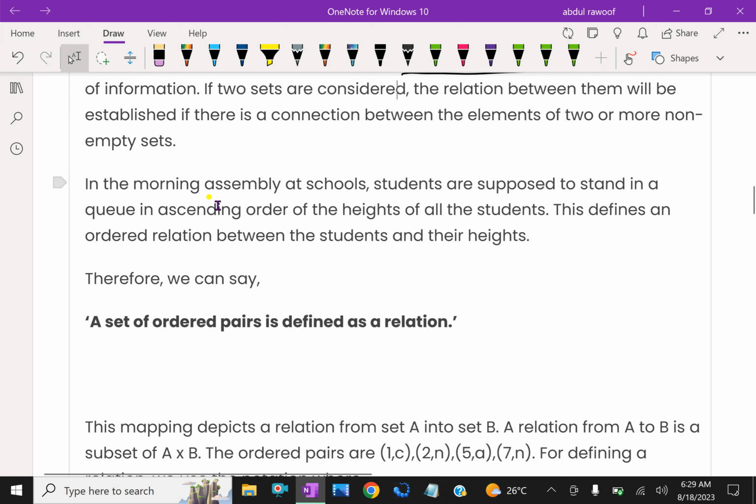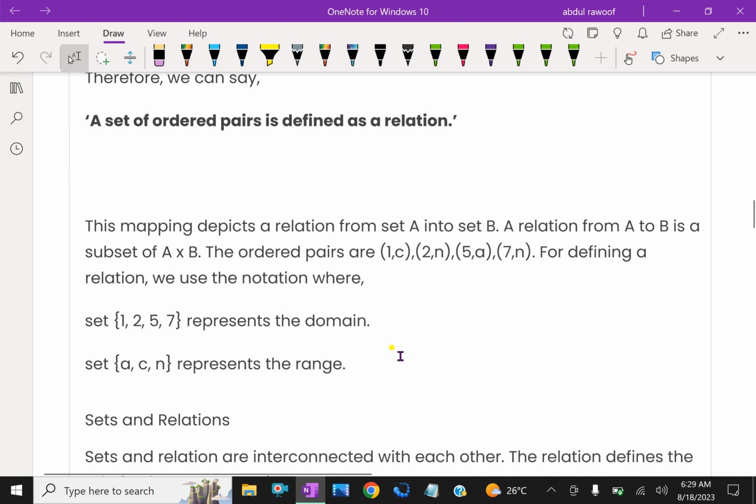For example, in the morning assembly at school, students are supposed to stand in a queue in ascending order of their heights. This defines an ordered relation between the students and their heights. Therefore, we can see that a set of ordered pairs is defined as a relation. That means a set of ordered pairs in a set is called a relation.